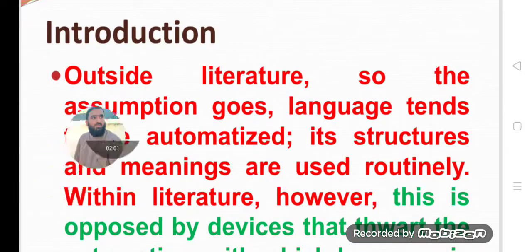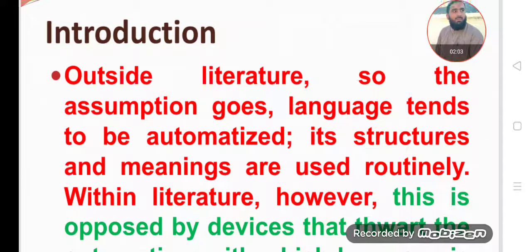Dear students, we use language outside literature as well as in our daily life. Outside literature, so the assumption goes, language tends to be automatized: routine language, mundane language, ordinary language is used.